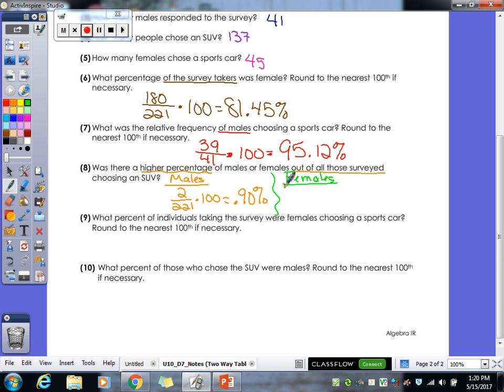How many females chose an SUV? 135, out of the 221. So 135 divided by 221 times 100. That's 61.09. So now we can state, because we have mathematical proof, which one had the higher percentage? Females.